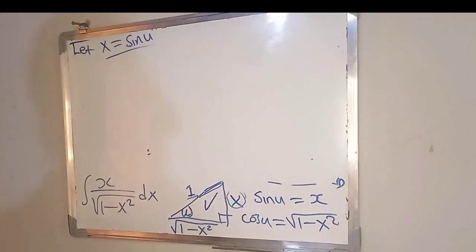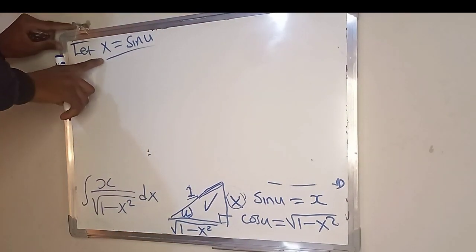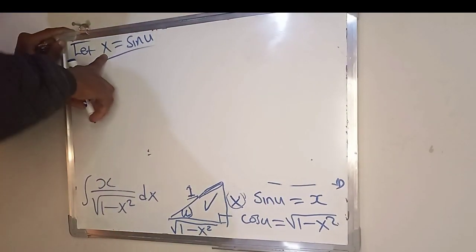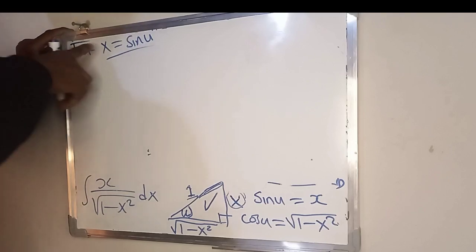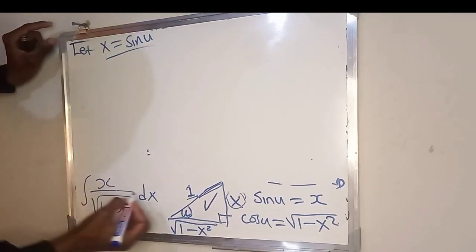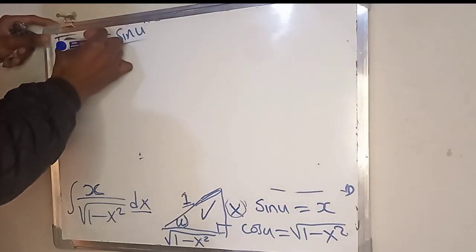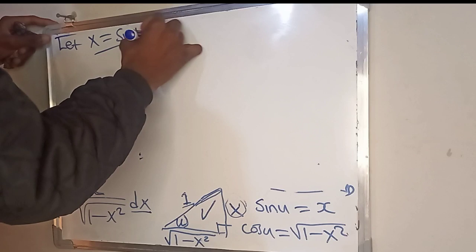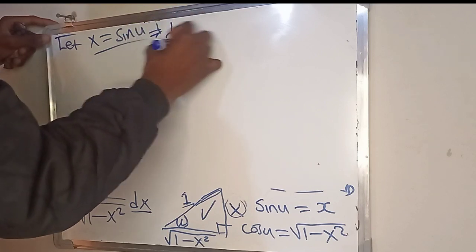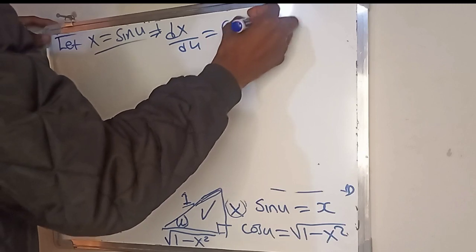If I let x be sine u, it means I also need to differentiate x with respect to u, so that I can express dx in terms of u. The derivative of x with respect to u is the cos of u.